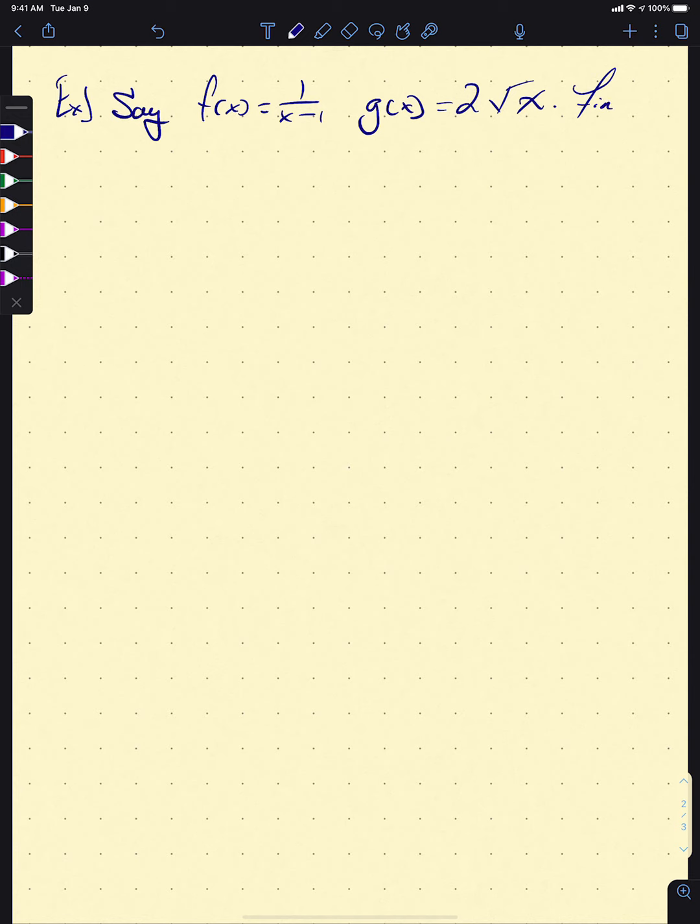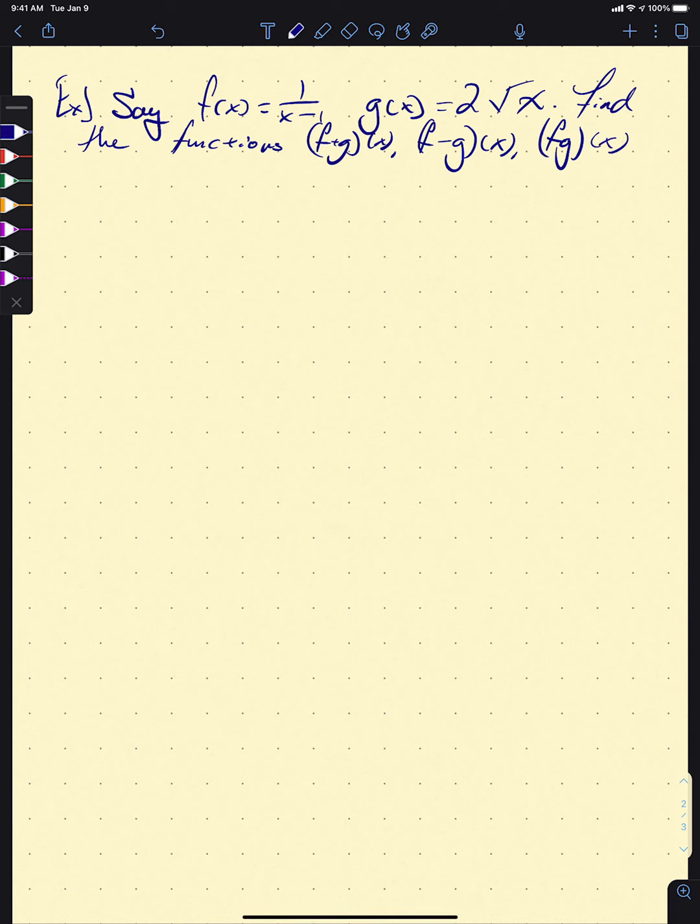And we want to find the functions f plus g of x, f minus g of x, f times g of x, f over g of x, and state their domains.